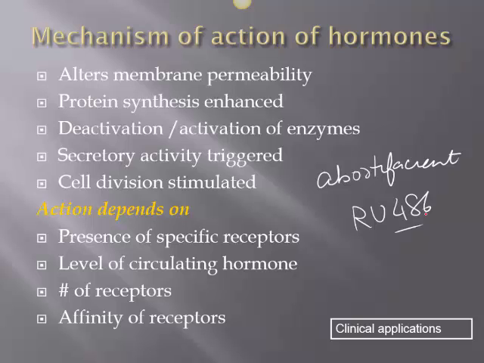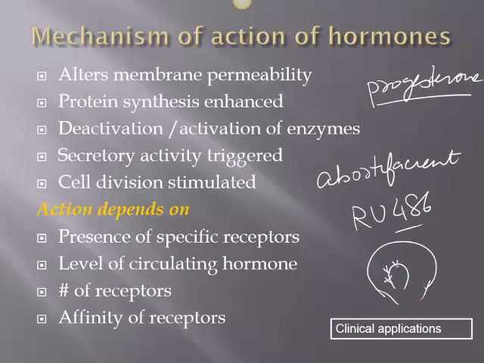In order for the fetus to survive in the uterus, it is very important that progesterone is present. Progesterone is a very important hormone to make sure that the fetus grows and survives inside the uterus. So in the uterus, you have these receptors, and progesterone comes and interacts with these receptors, and it makes sure that the uterus is prepared to receive the embryo, which will grow into the fetus, and it will maintain pregnancy.